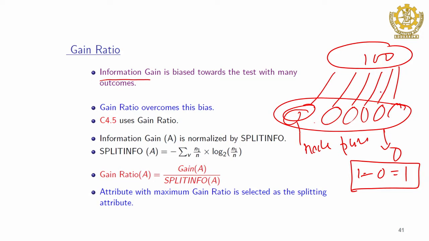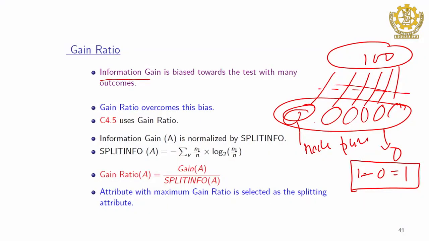If an attribute has many outcomes, naturally that attribute will always be the best option for splitting, but that may not always be correct from the classification point of view, because whenever a new student comes you cannot trace this decision tree, since the student will not go to any one of these children.